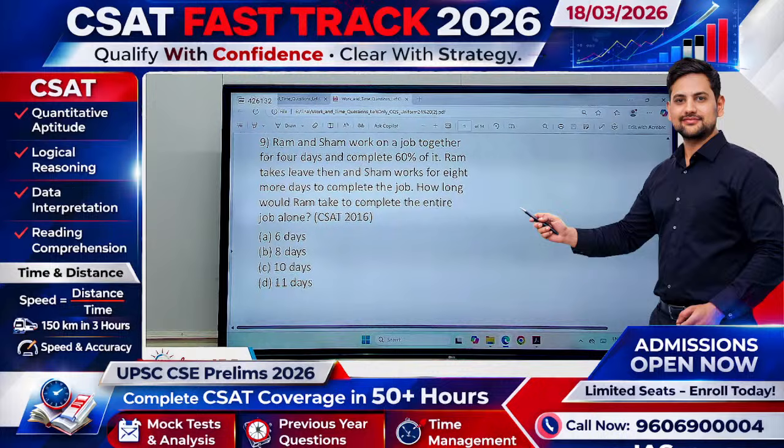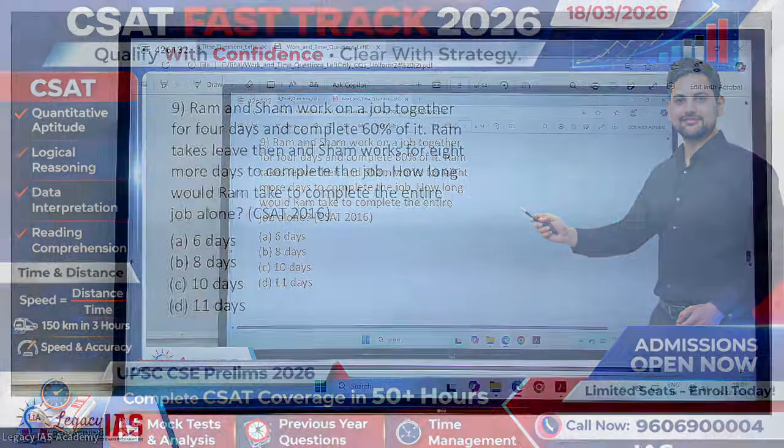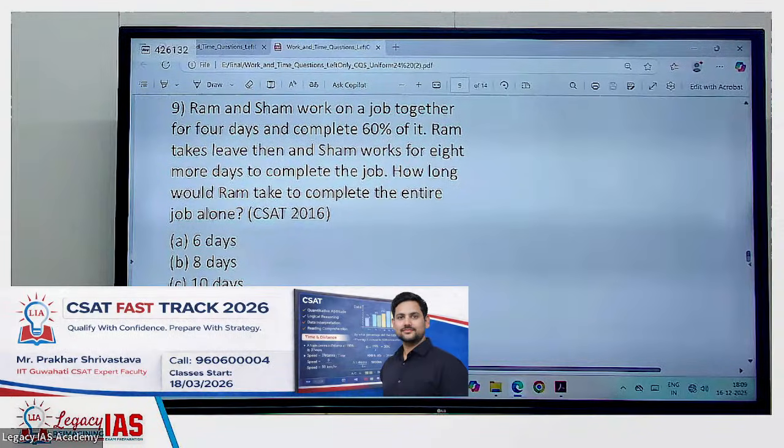Concept is same only. Draw a timeline. Okay, efficiency is not given to you. Just write them in variables only, R and S, and then try to somehow eliminate it to get to time.